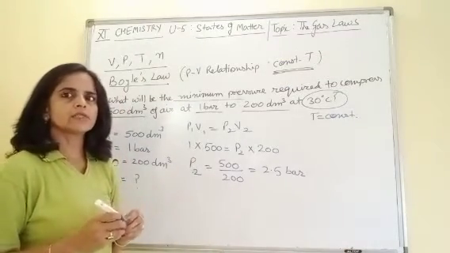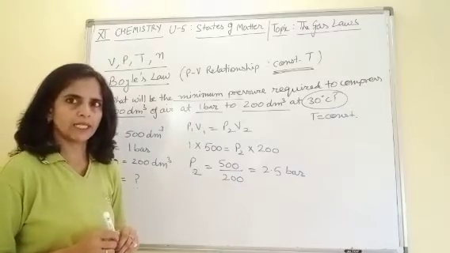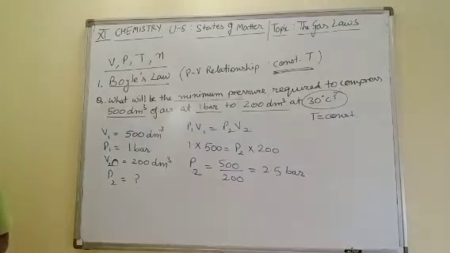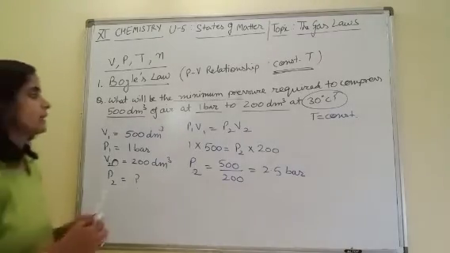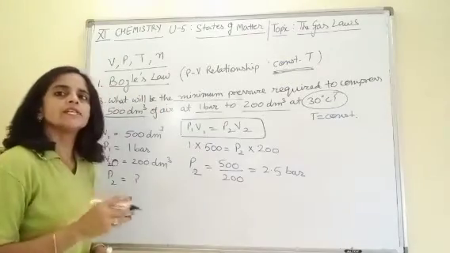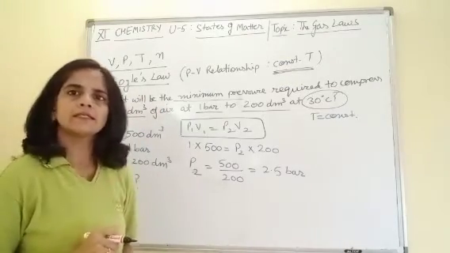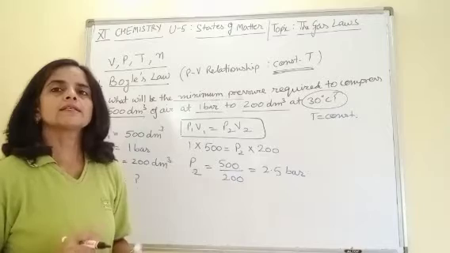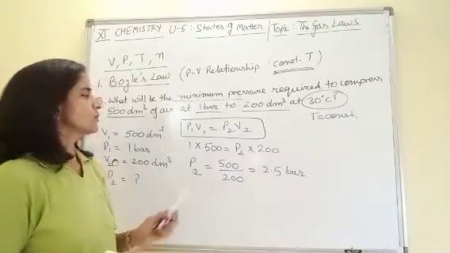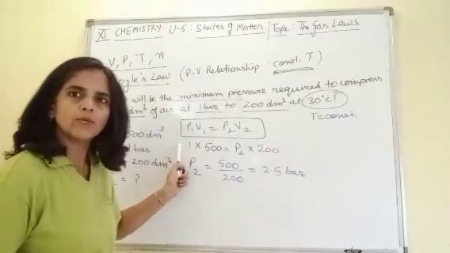One thing which is very important while doing the numericals, which generally students don't pay attention to. First, it is very important to write the formula. Generally students start straight away. No, because you will get marks for each and every step. So don't forget to write the formula.